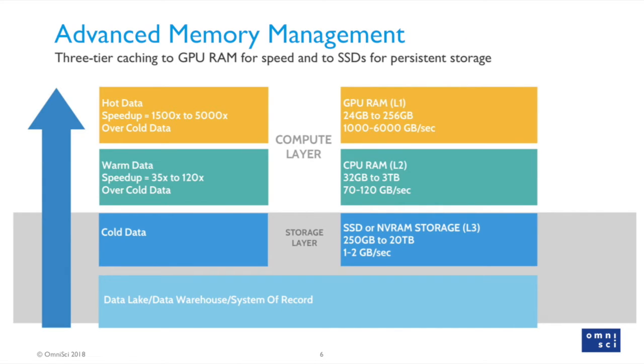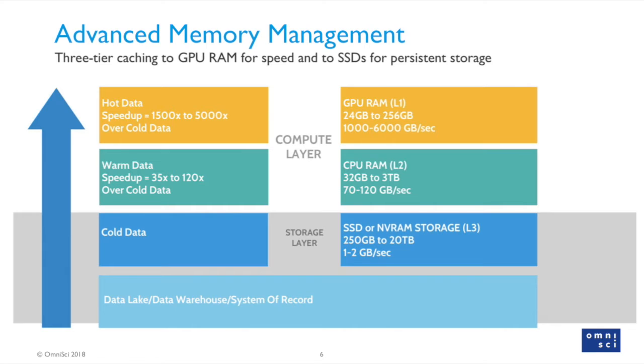Also, just like your computational power, the memory bandwidth on a GPU is orders of magnitude faster than a CPU. If you look at this graphic, your data lake is typically 7.2K RPM drives, at hundreds or 200 megabytes per second. Then you get the SSD layers, 1 or 2 gigabytes per second.